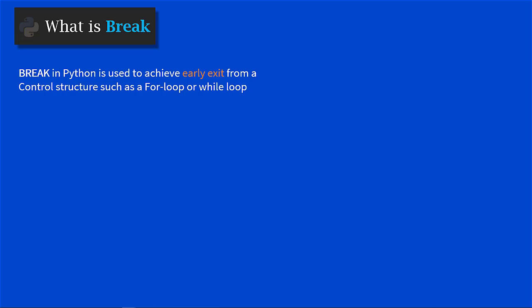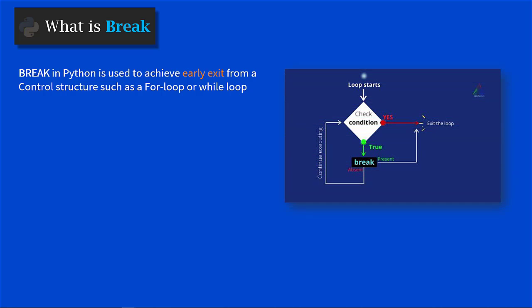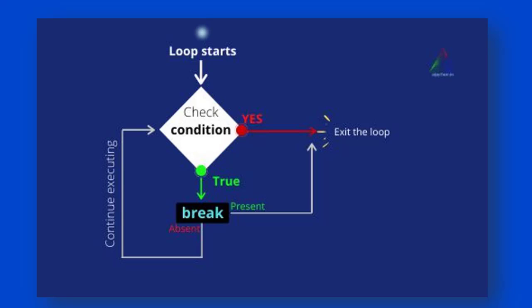Let's first understand it through the flow diagram. So the loop starts, it checks for a condition. Doesn't matter whether it's a for loop or while loop, it checks for the condition. If the condition is satisfied and the output of the condition is true, it goes inside the body of the loop.